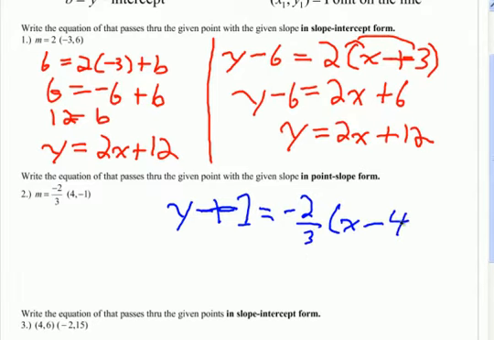And that's it for point-slope form. It wants us to leave it like that. If it asked us to put it into slope-intercept form, we could distribute and move the 1 over to the other side. So y plus 1 equals negative 2/3 times x minus 4.